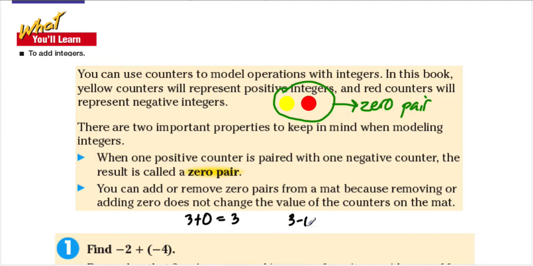And 3 minus 0 will still be 3. That's what it's saying. If you add a zero pair, it will not change the value. If you subtract the zero pair, it will also not change the value. That's what's on the mat. The mat is what we will use to put our counters in.